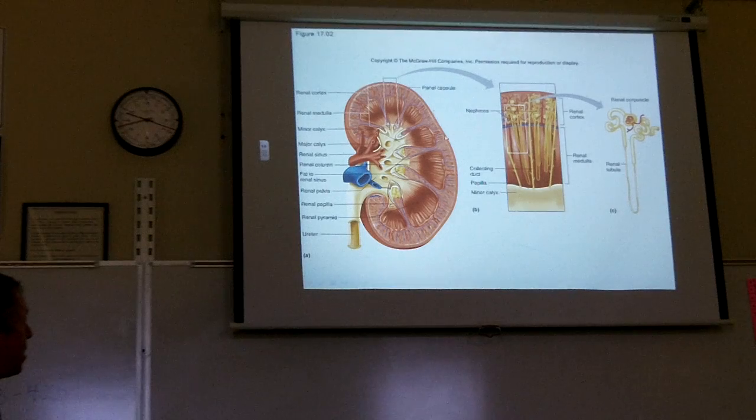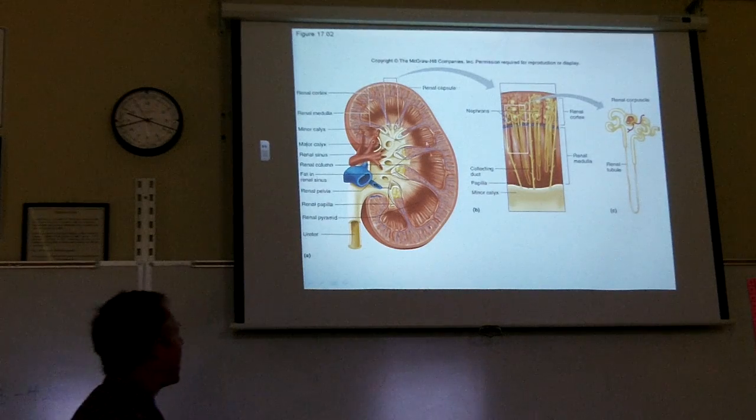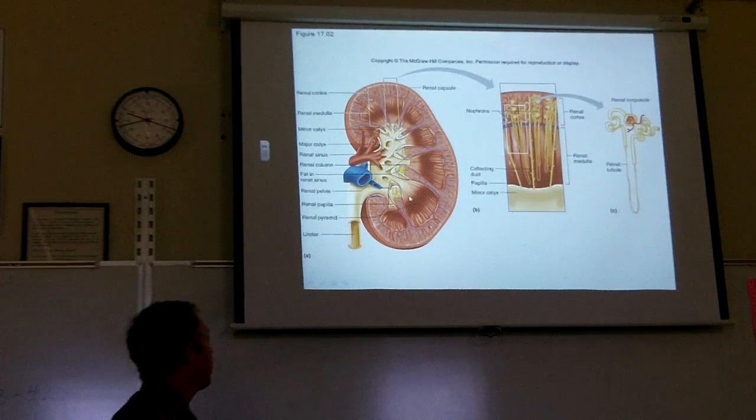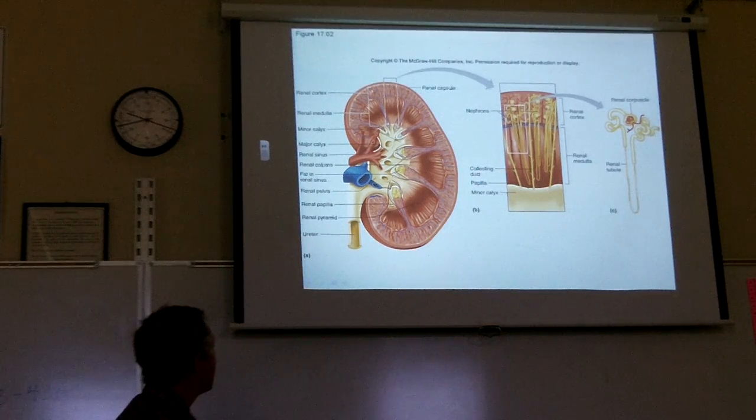So here's a kidney here, and I want to show you the little filtering device in the kidney. Each kidney has about 1 million of the filtering devices, and the filtering devices are called nephrons. So if you take a look at here, here's a kidney if you were to cut it open. And see this little square here? They're taking just one little rectangle out here, and they're showing it to you pretty largely.